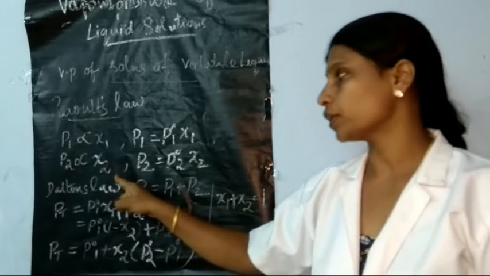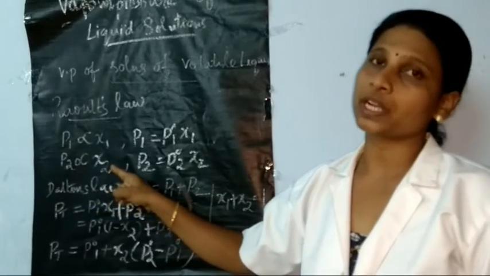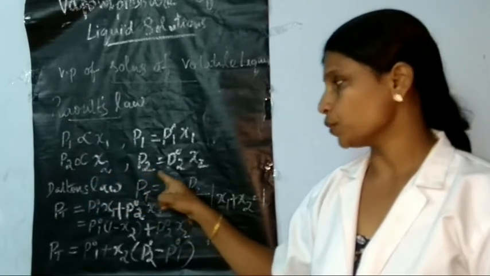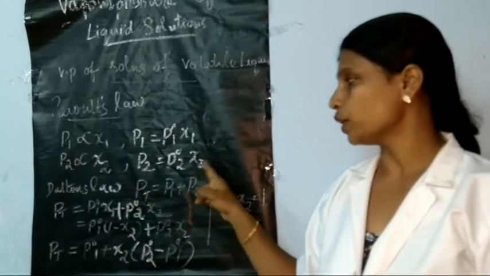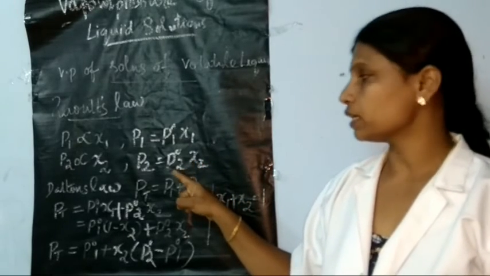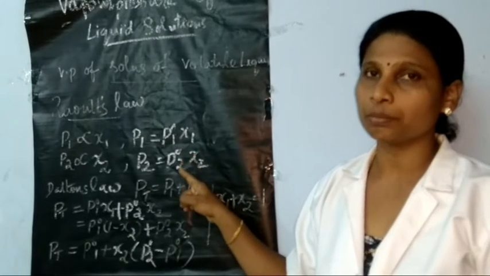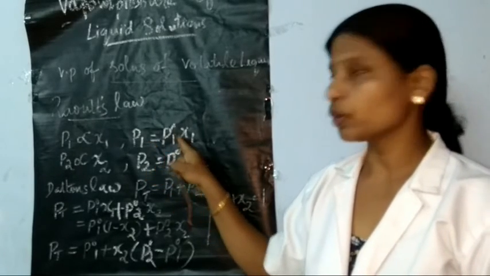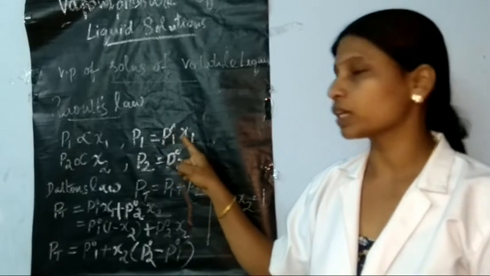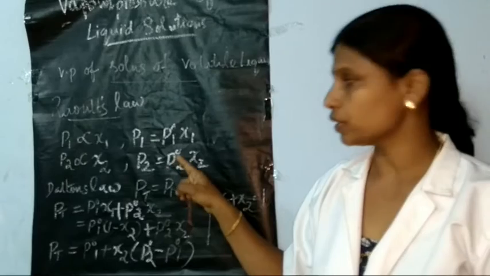Therefore, P2 is equal to P02 into X2. P02 is a proportionality constant, that is the partial pressure of pure component 2. P01 is the pressure of pure component 1, P02 of pure component 2.